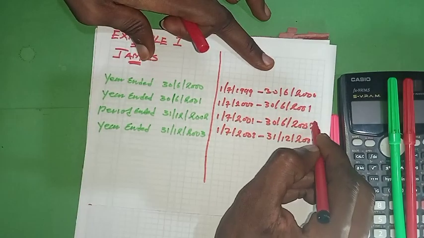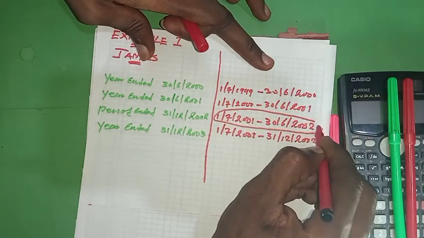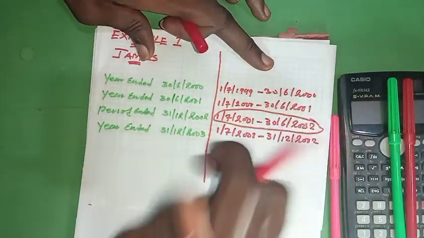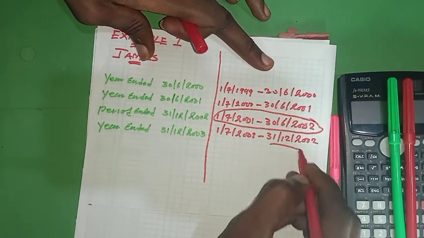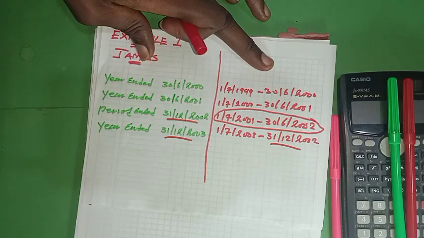Now, this is the year of change, because this is the year they first failed to prepare the account. Instead of them to prepare this, they went ahead and prepared this.